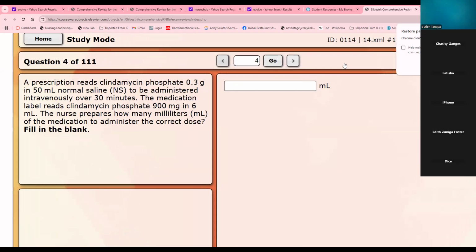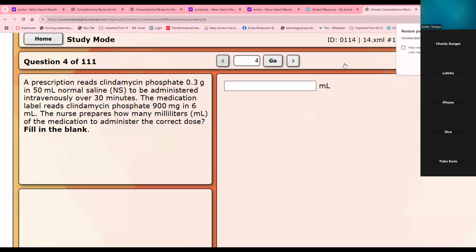Everybody see the question? Yes. So this question is really the same. It just has more information in it. But what does the end of the statement say? How many milliliters will you give for the correct dose? And anytime you're given a dose, the formula is always the same.